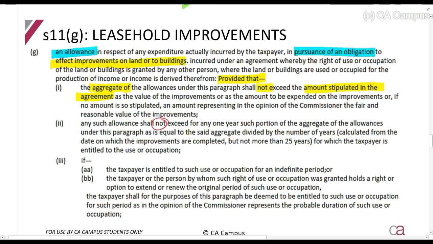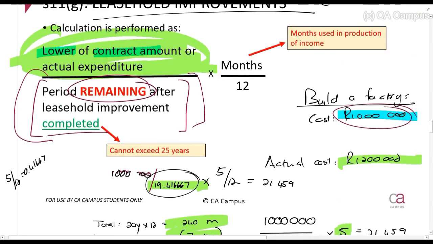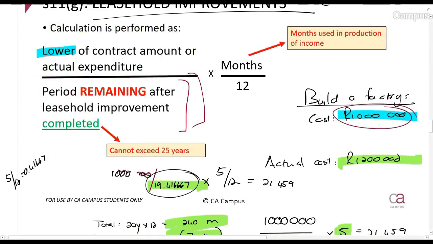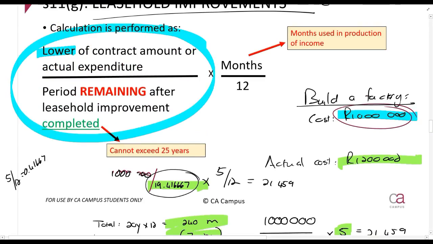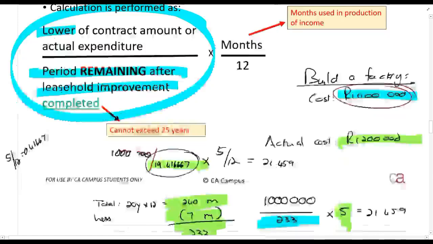And shall not exceed for any 1 year such portion of the aggregate of the allowances under this paragraph as is equal to the said aggregate divided by the number of years. Make sure you see, calculated from the date on which the improvements are completed, but not more than 25 years. So that's what they say here. That paragraph there tells you to do this whole big calculation here. That's what I say, over the period remaining after it's been completed.